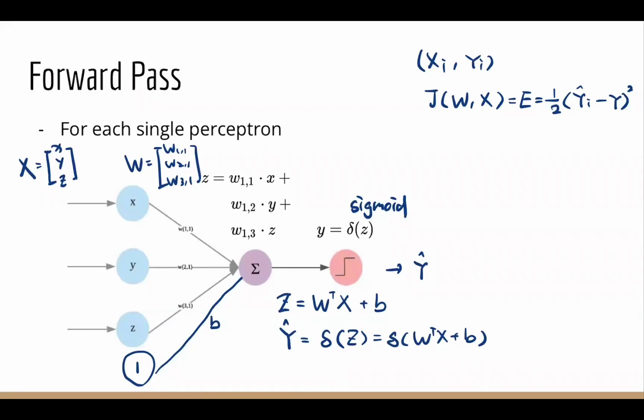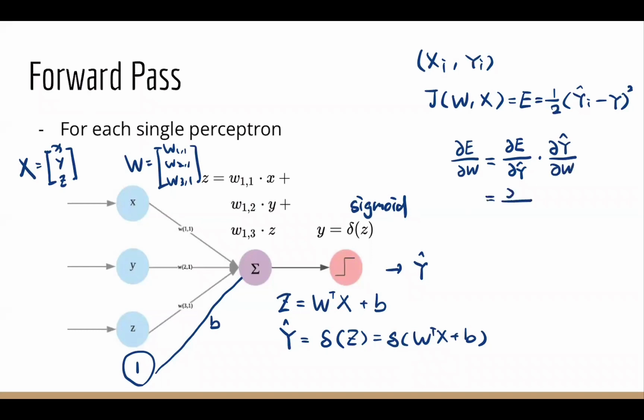Okay, let's move on to the backward pass for a single perceptron. In the backward pass, what we want to get is the derivative of the loss with respect to the weight itself. But we have to apply the chain rule to get this. So we first calculate the derivative of the loss with respect to the estimated output, and then the derivative of the estimated output with respect to the weight.